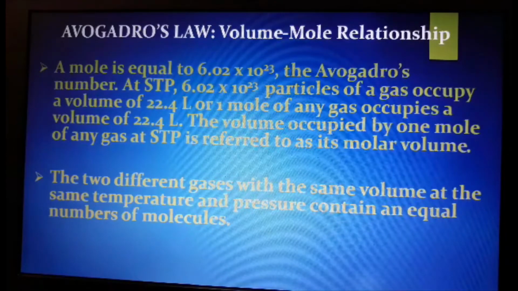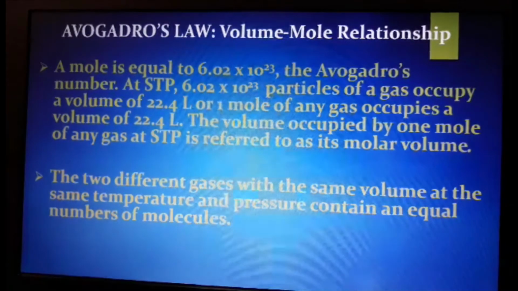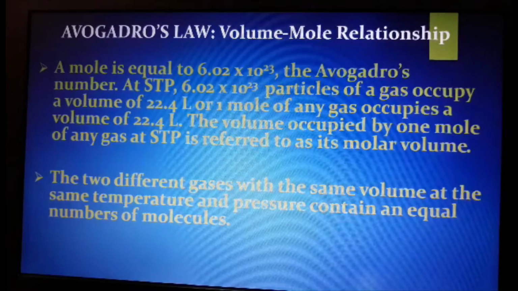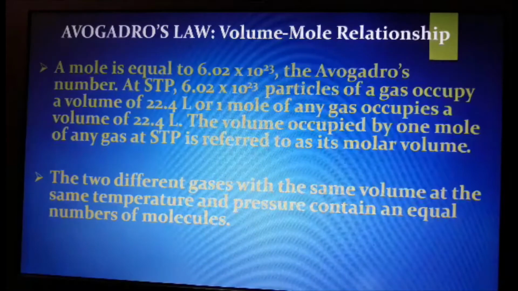A mole is equal to 6.02 times 10 raised to 23, and that number is known as Avogadro's number. At standard temperature and pressure, 6.02 times 10 raised to 23 particles of a gas, it could be ions, molecules, or atoms, occupy a volume of 22.4 liters.